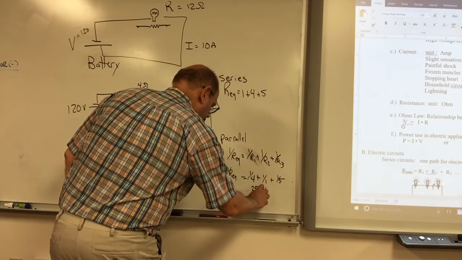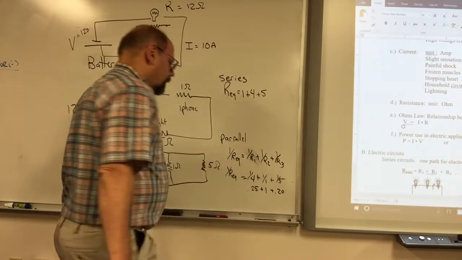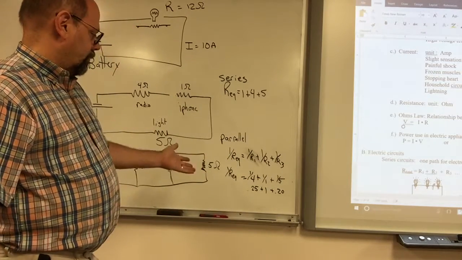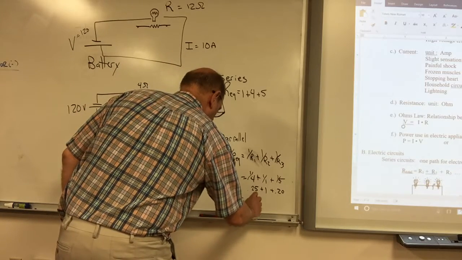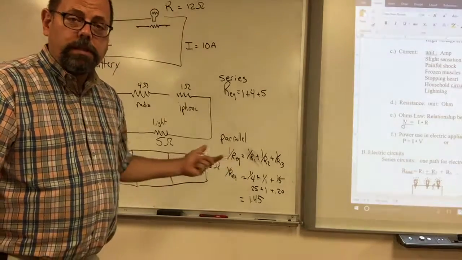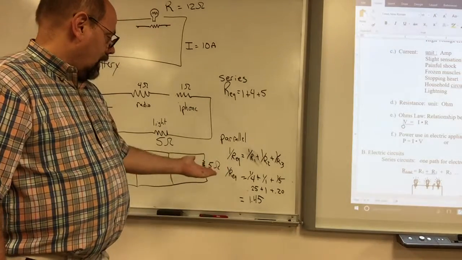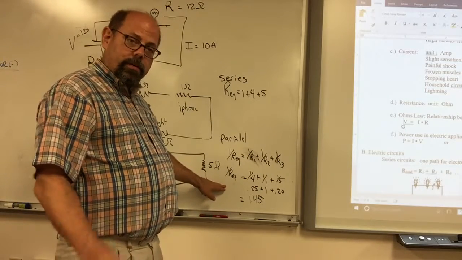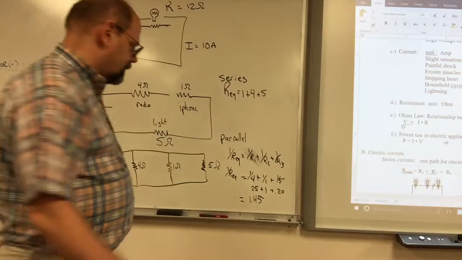This is just 1 over 1. And 1/5 is 0.2. So I'm going to add those all up. 0.2 plus 0.25 is 0.45, so 1.45 is the total. Once you've added up all the inverses, you have a total, and 1 over that is what the equivalent resistance is.